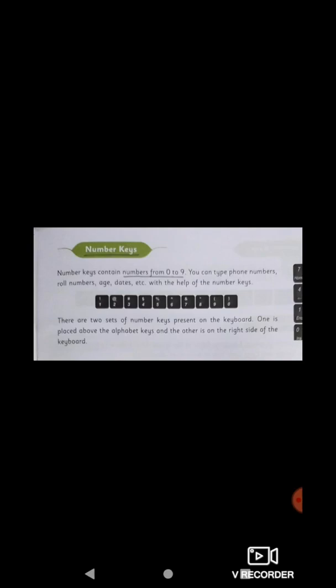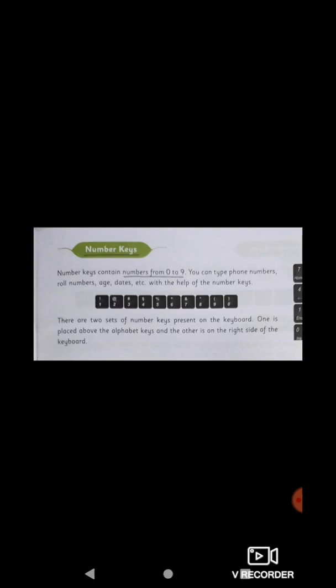Now we have a practice time. Let's see what it says. Color the alphabet keys that form your name in yellow. Similarly, color the number keys that form your roll number in pink. Alright, so here it's telling us to color your individual name. So now students, with the help of your parent, try to color your name in yellow.